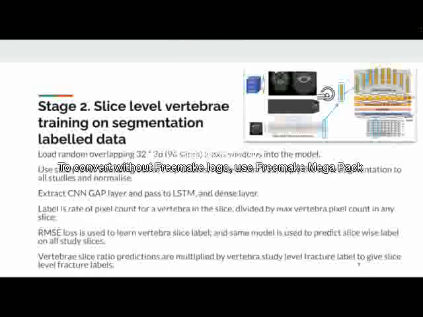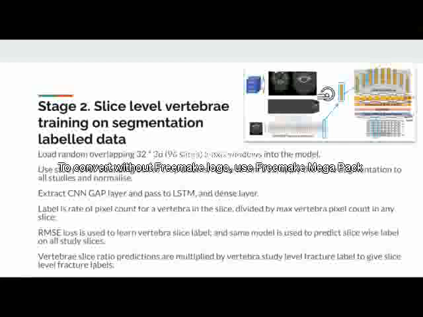So at this stage, what we've learned is for all the data we have vertebrae slice ratio predictions. So for each slice, what ratio of the vertebrae is in there, and we also have a ratio number for whether that vertebrae is fractured or not.